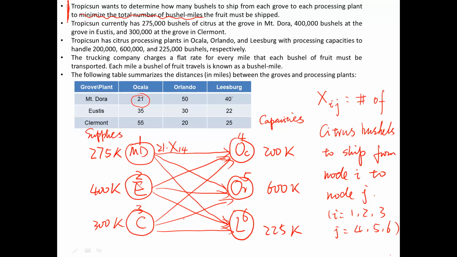Okay, so I'll ask you guys to write this first. Okay, so our objective function is to minimize the total bushel miles.